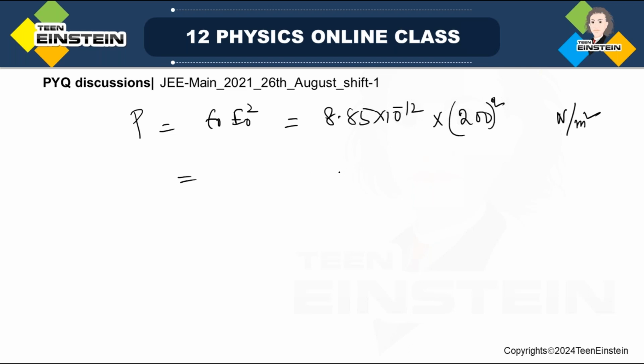So if you do this calculation, how much should you get? You should be able to get 354 by 10 to the power 9. This is Newton per meter square.